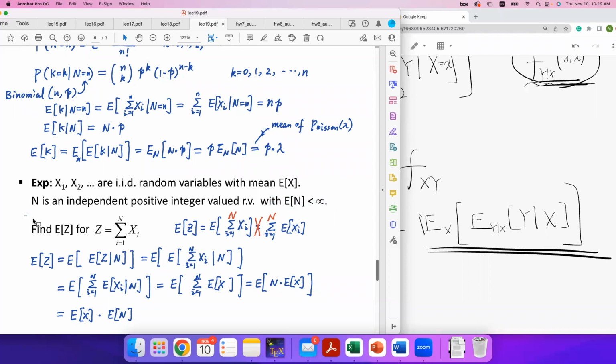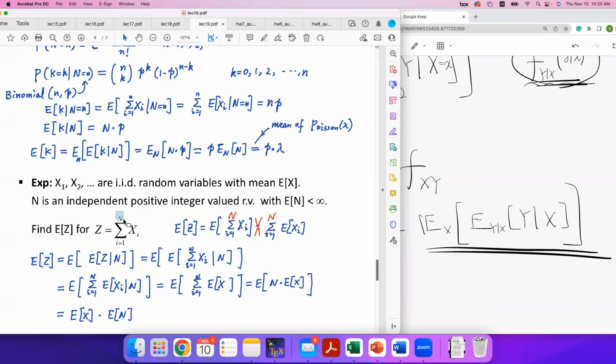We want to find the expectation of this sum. If you look at this sum, it's a summation over all these random variables. So there are two randomness here. First of all, each xi is a random variable, and all these xi's are independent from each other, but they follow the same distribution.